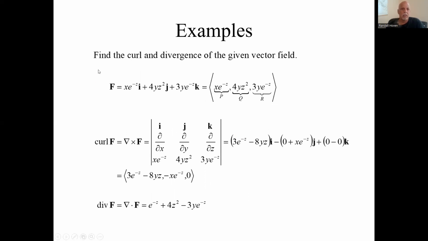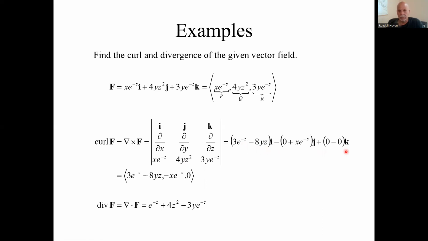So here's an example. Find both the curl and the divergence of this vector field. Set it up in vector notation as opposed to a linear combination of the standard basis. There's your P, there's your Q, there's your R. Those go down here. Remember, the top two rows are the same. So let's see. The i component is going to be this guy with respect to y, which will be 3e to the minus z, minus this guy with respect to z, which will be yz.